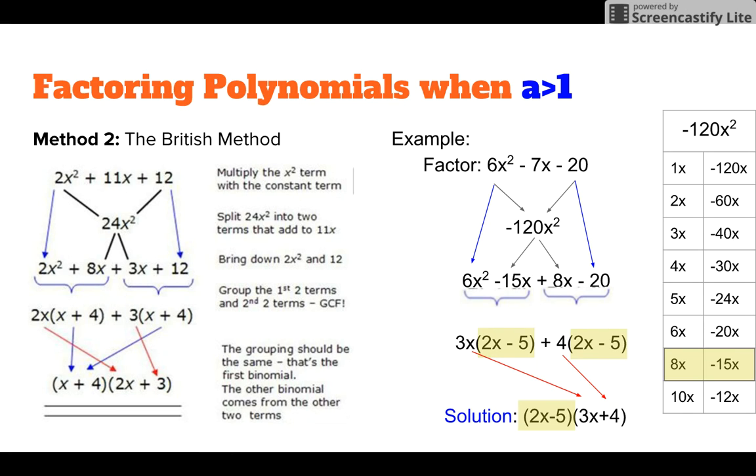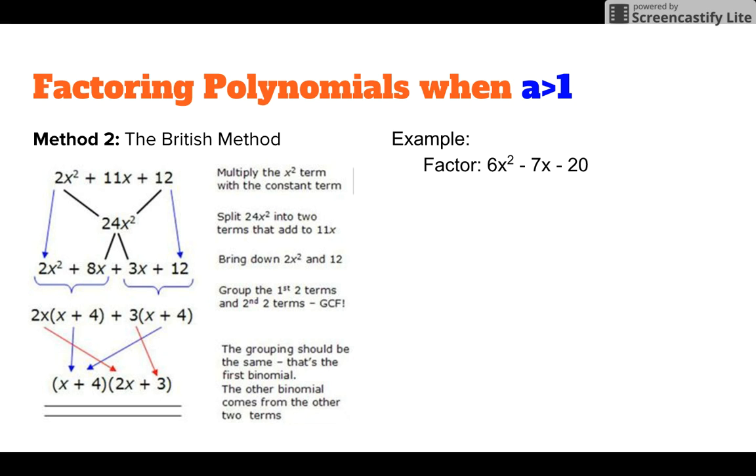Now, you may be wondering, well, in our factor pair in our table, 8x and negative 15x were the pair, but then I reversed the order and put them in as negative 15x and 8x. I wonder if that matters. Let's look at this example again, but we'll switch the order.